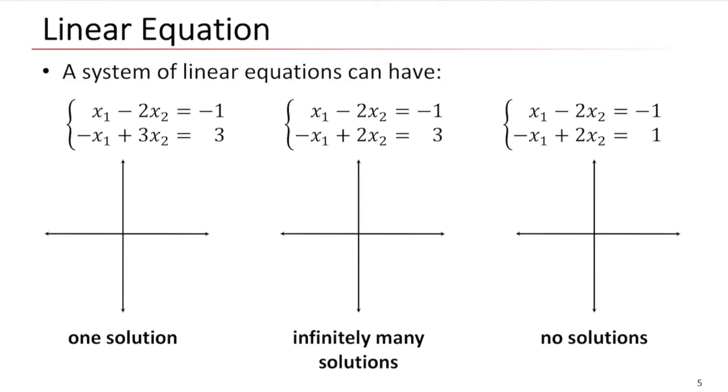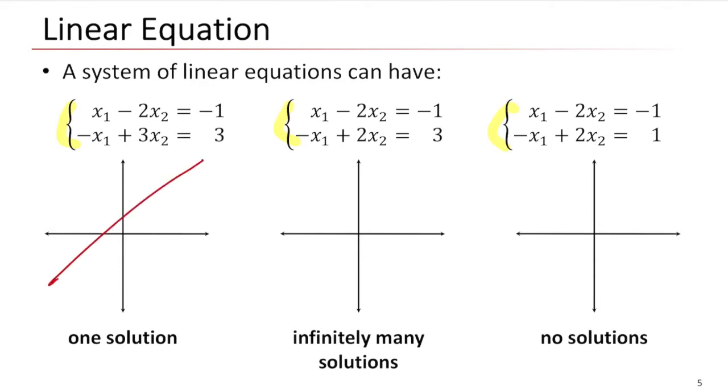So when we have a system of linear equations, there are several possibilities for the solution. First of all, if we have two equations like this, we can have lines that look like this. Okay, let's draw it again.